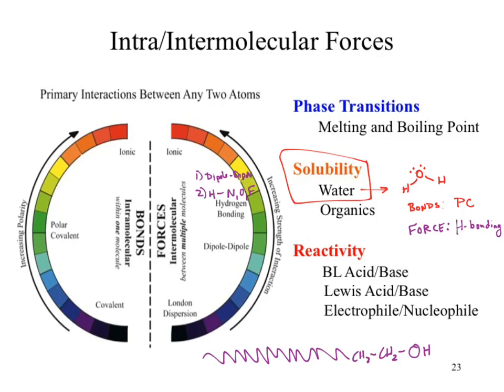What kind of bond do we have between carbon and hydrogen? Non-polar covalent, which gives us London dispersion forces. What's the similarity between hydrogen bonding and London dispersion? Virtually none, which means we're now at a debate: London dispersion versus hydrogen bonding. Which one wins out? London dispersion in this case.